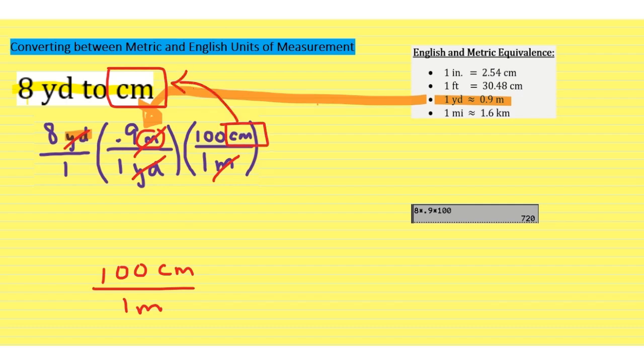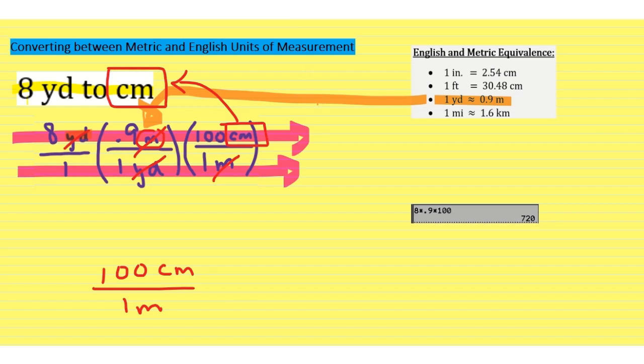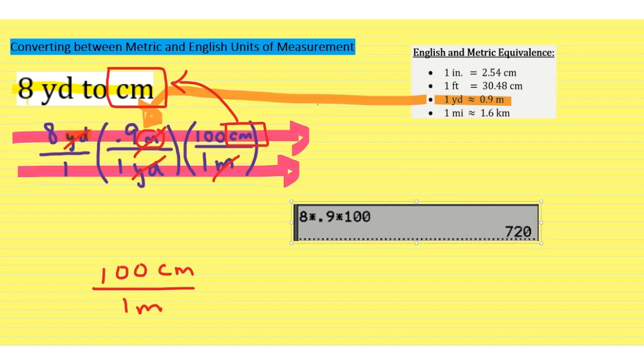Now that I have eliminated all the units except for the goal of centimeters, I can now multiply straight across the numerators, multiply straight across the denominators, and that is going to give me 720.